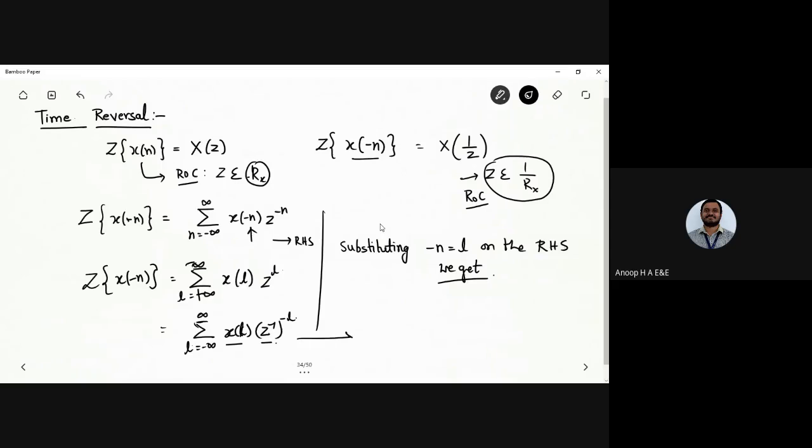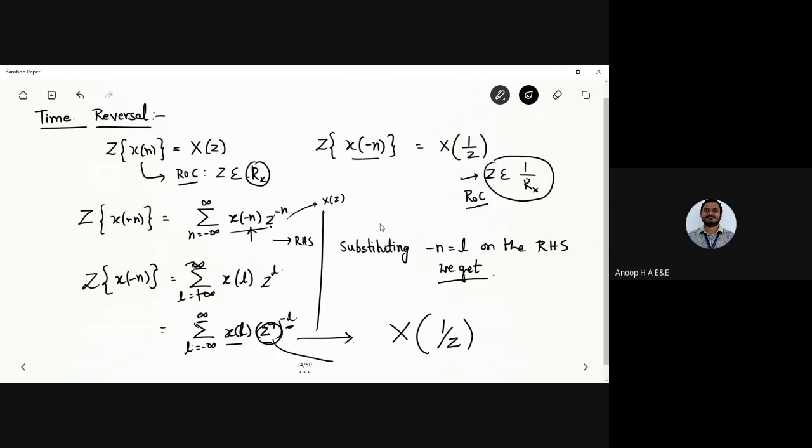So now this function here can be represented as x of 1 divided by z. This is z power minus 1. If you recall the function, this is z power 1 multiplied with minus n, so here it is z power minus 1 multiplied with minus L. If it is z here, that would lead to x of z.